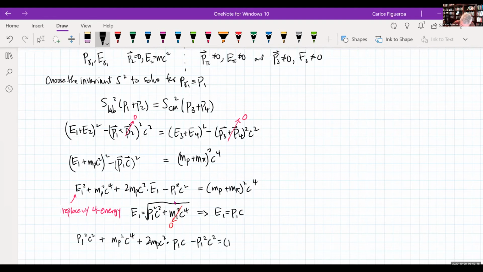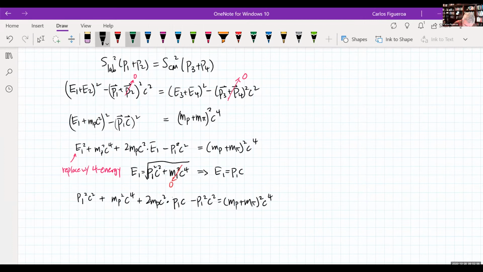And then this will give me my mass term on the right. So right away you can see that this and this automatically cancel out. And then I can isolate P1 now.